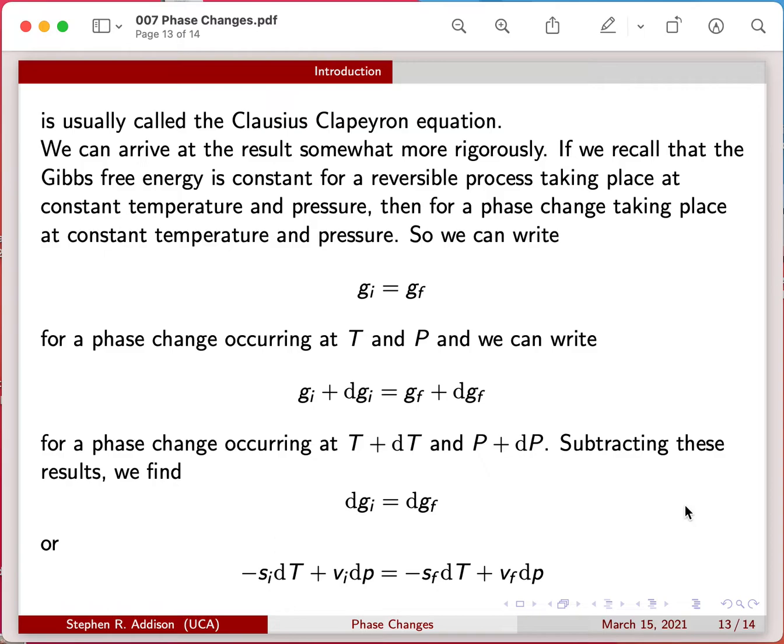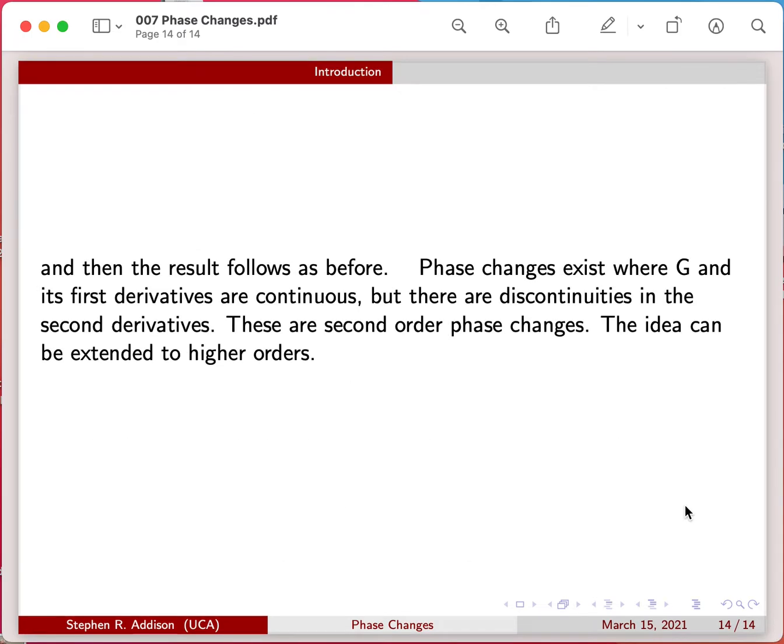I also then go ahead and do a more rigorous derivation of the Clausius-Clapeyron equation, basically arrived at from equating the molar Gibbs free energies, and work through the details of that, and the result follows as before.